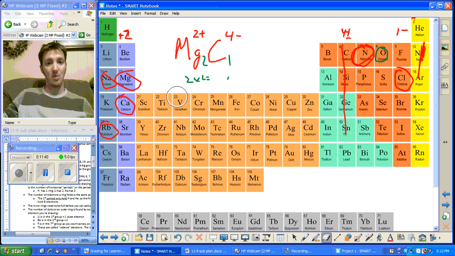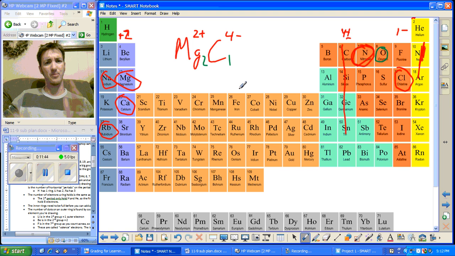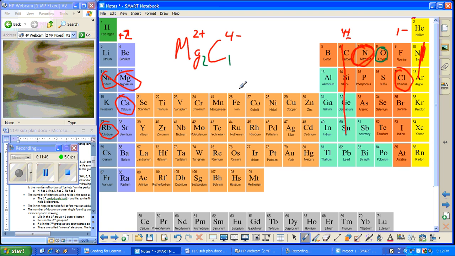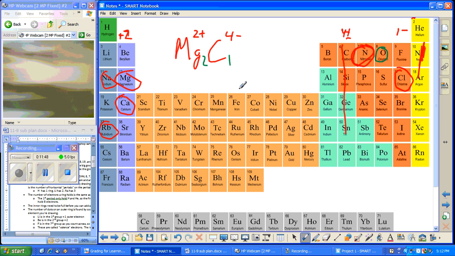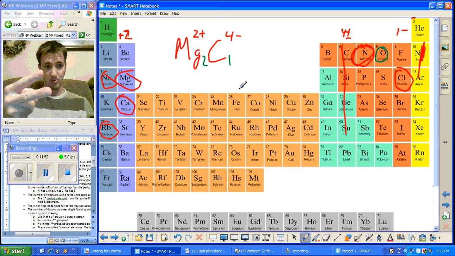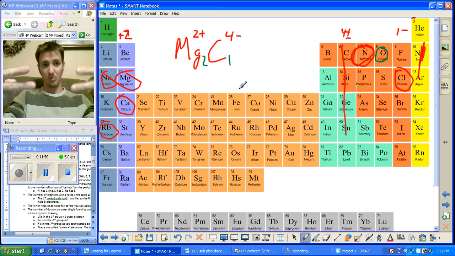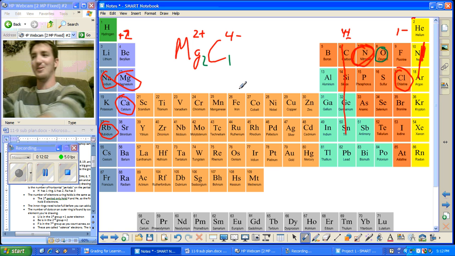What I like to do that always works even better than number cross sometimes, except for the 2 and 3s, those are tough, is use your fingers. So magnesium needs 2. Oxygen, or magnesium will give up 2. Oxygen will take 2. So how many oxygens for the magnesium? Just 1 of each. Sodium gives up 1.